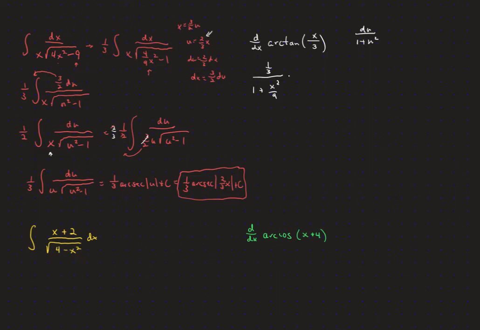We can do that in one step if we multiply top and bottom by that least common denominator. So when we do that, that's going to cancel that 3 and the 1/3 and just be 3. We're going to have to distribute this 9, which will make that 1 into a 9, and which will cancel that denominator. And so our nice aesthetically pleasing derivative is going to be 3 over 9 plus x squared.